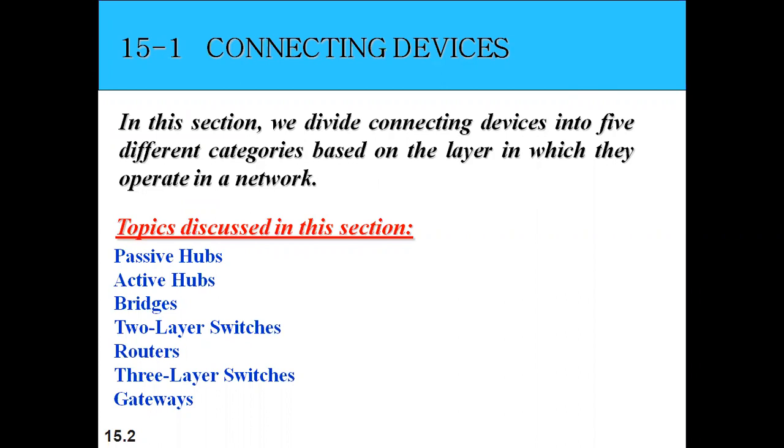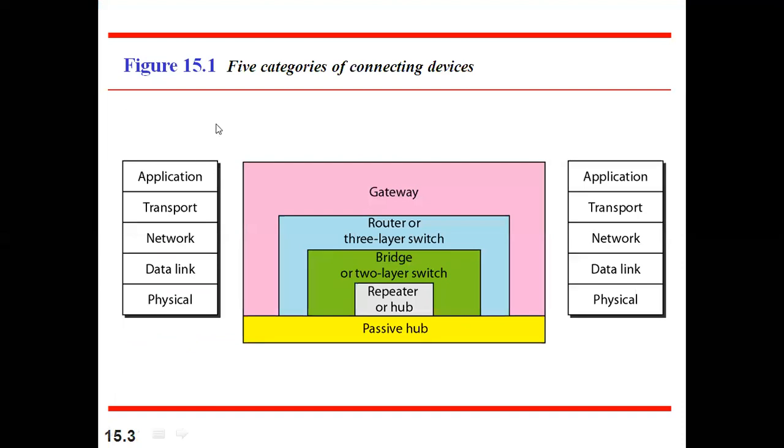The connecting devices are classified into 5 types. So we have passive hubs, active hub or a repeater, and we have a bridge, router, and a gateway. So these are all the connecting devices that are used for your network communication.